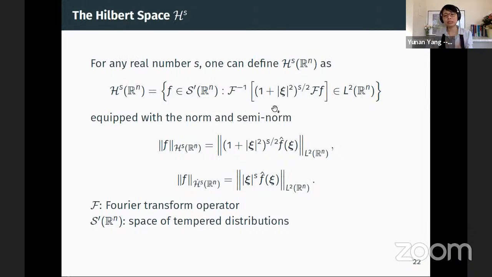So another way to interpret the H^s space is as a space of weighted L2 functions, where after doing the Fourier transform, the weighting still keeps it in L2. Different choices of s depend on how I choose the weighting. If I choose s being 0, it means I do not want any weighting. And if I choose s being positive, let's look at this semi-norm: xi to the power of positive s is a monotone increasing function. So the bigger the xi, the bigger the weight.